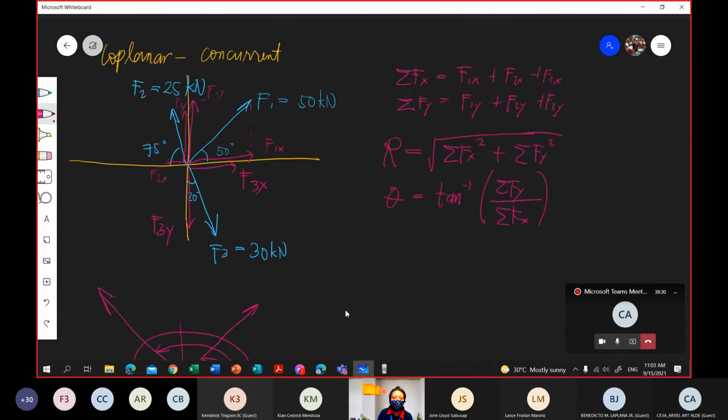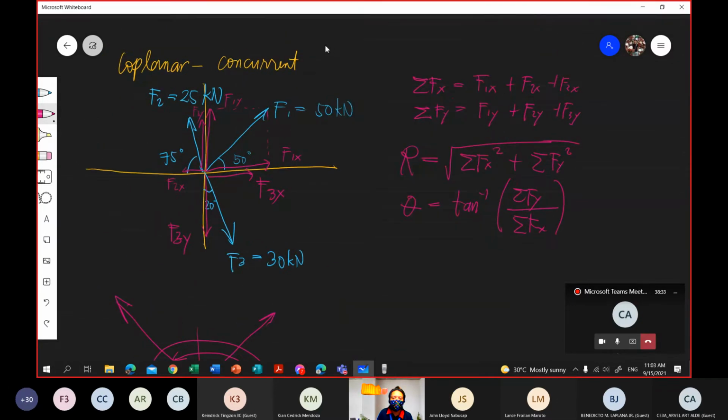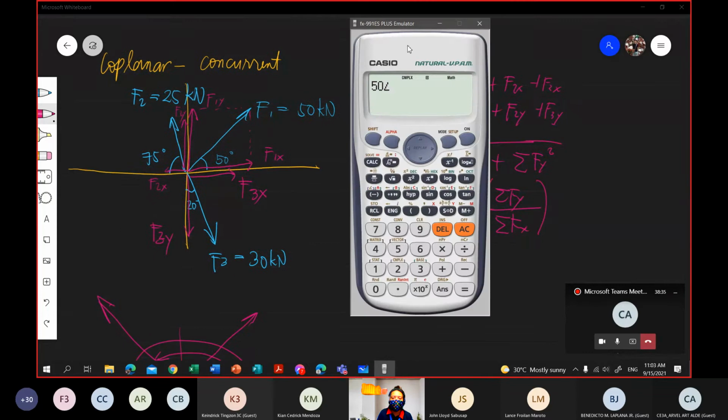So let's go back here. I input 50, which is 50 kilonewton at an angle of 50 degrees. No need to input the degree sign, it is understood.